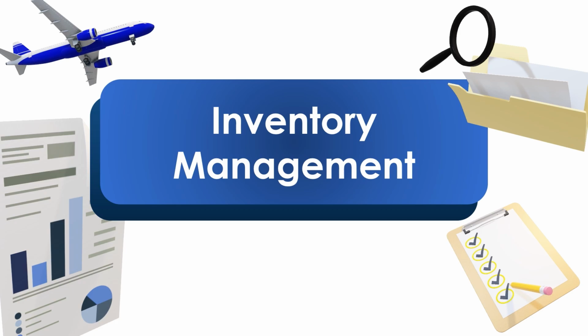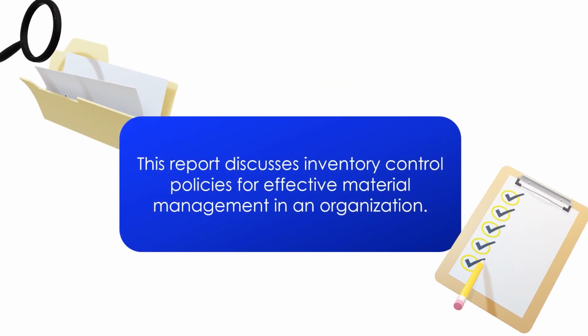Inventory Management. This report discusses inventory control policies for effective materials management in an organization. Whether making things with materials or using them to provide services, materials are the major circulation system of supply chains.